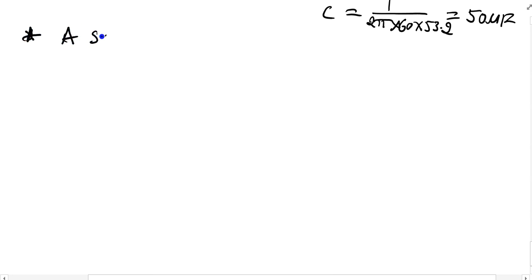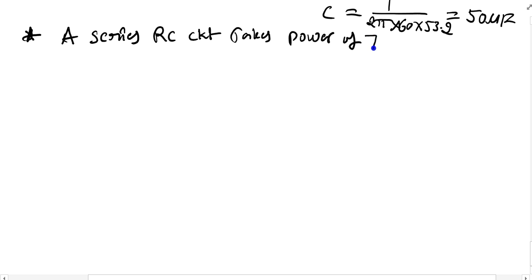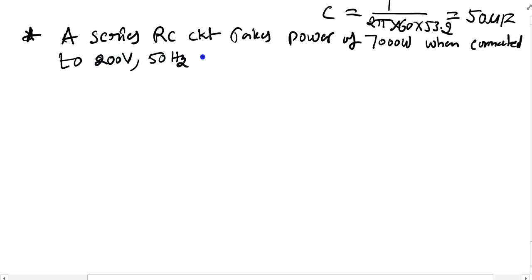A series RC circuit takes power of 7000 watt when connected to a 200 volts 50 hertz supply.